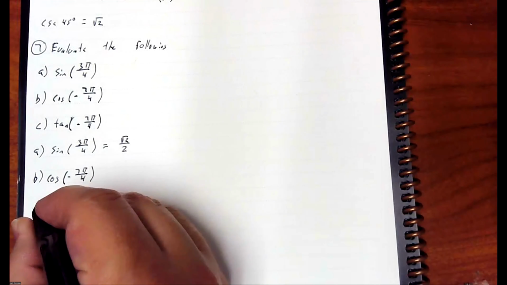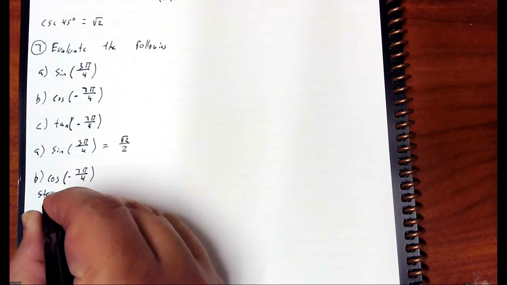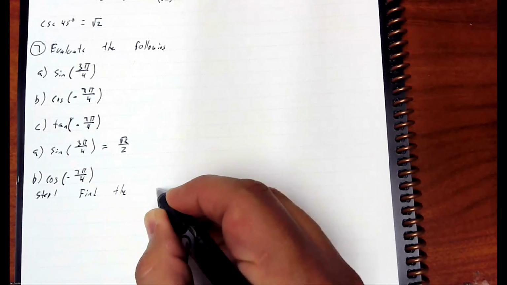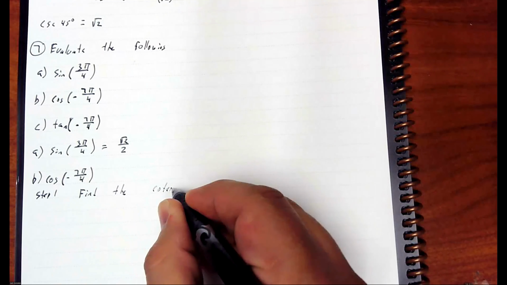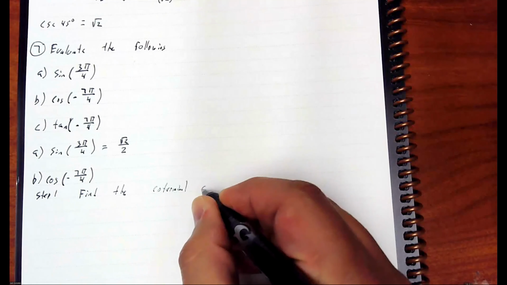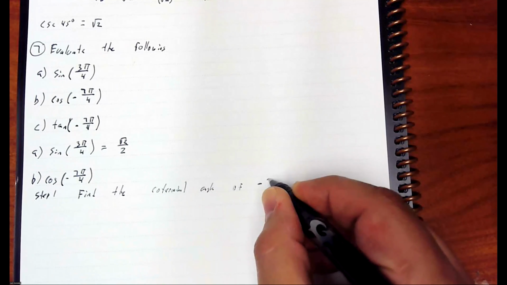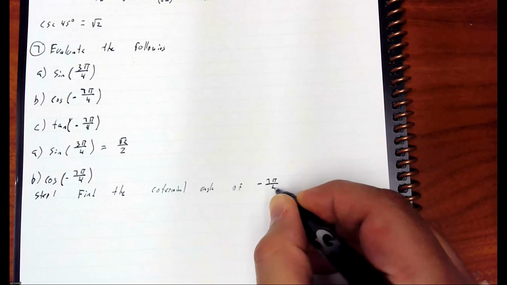Negative 7 pi over 4. Step 1: find the coterminal angle of negative 7 pi over 4.